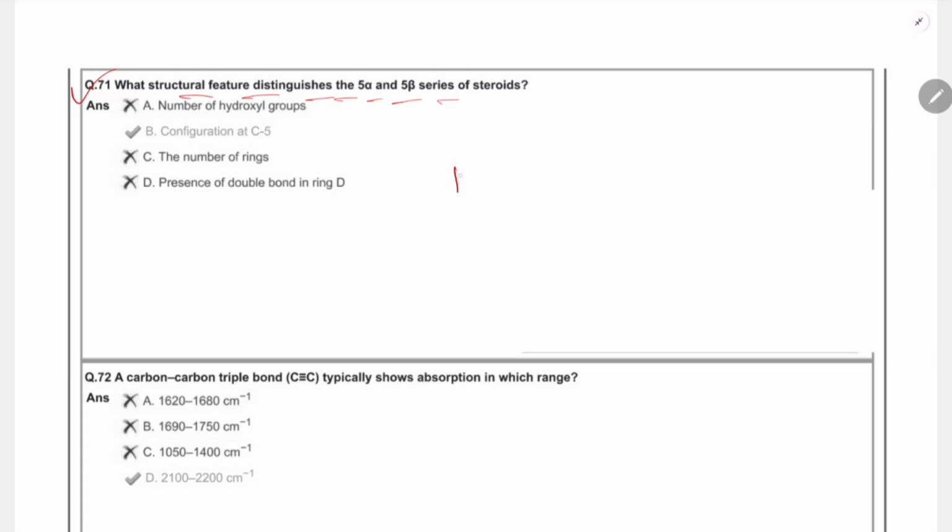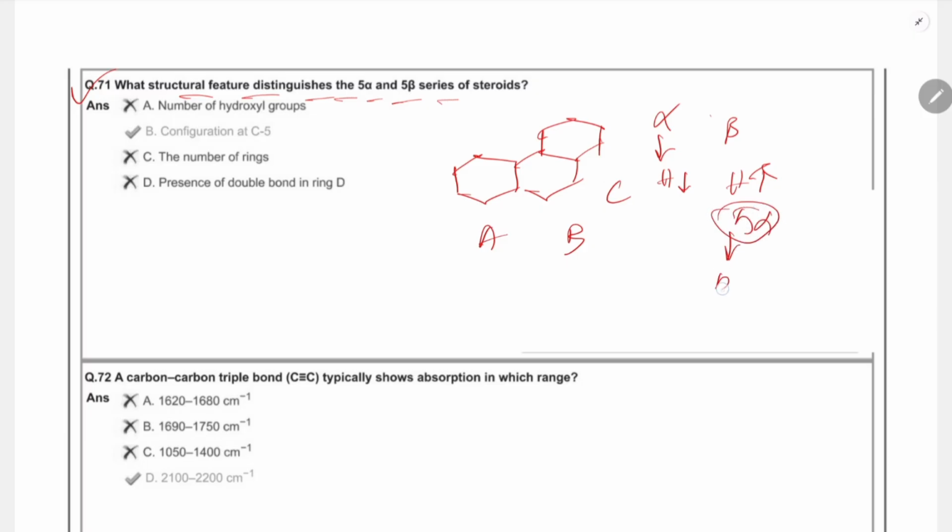In the steroid, the naming of rings: suppose this is ring 1, ring 2, ring 3, so this ring is A, this is B, this is C. Alpha signifies the hydrogen is down and beta signifies the hydrogen is up in the stereochemistry. 5 alpha means at the fifth carbon the hydrogen is downside. So 5 beta means at the fifth carbon the hydrogen is upside.